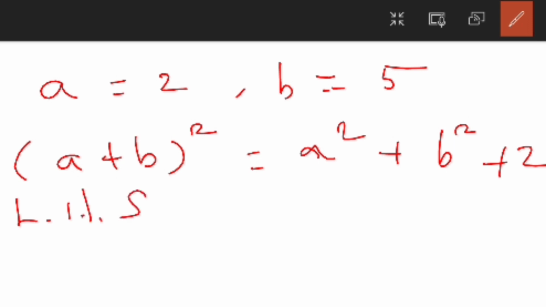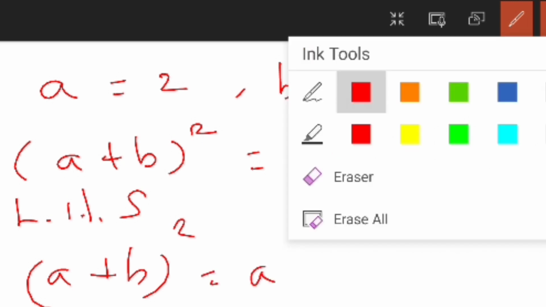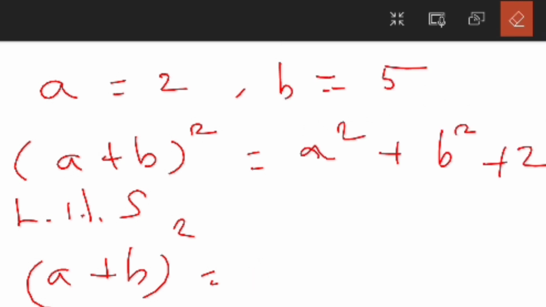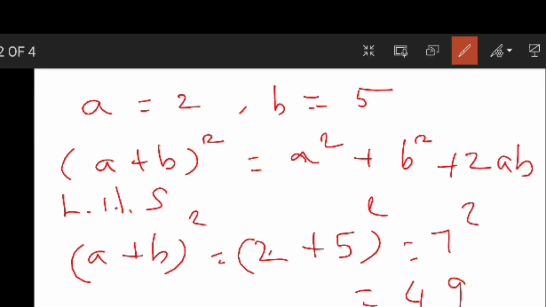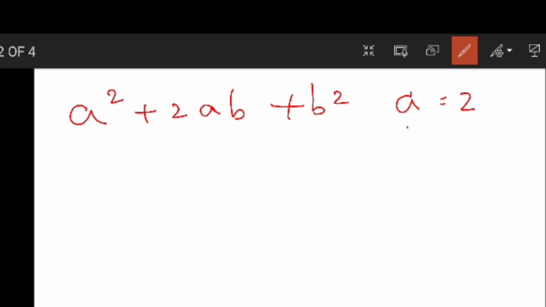So LHS is (a plus b) the whole square, which is 7 squared, which is 49. Okay, so LHS I have got equal to 49, right?